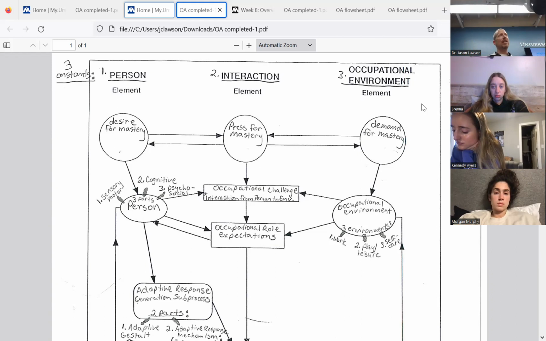Okay, but I'm still engaging in maybe an occupation in self-care. And I'm doing that maybe in my bathroom, which is part of my environment. Okay, my bathroom is probably set up in a way that maybe is creating a challenge. So that's that occupational challenge. Now, I want to meet that challenge based on my roles, based on what society expects out of me. And so the little box underneath occupational challenge is occupational roles and expectations.